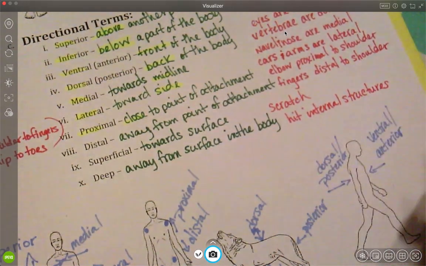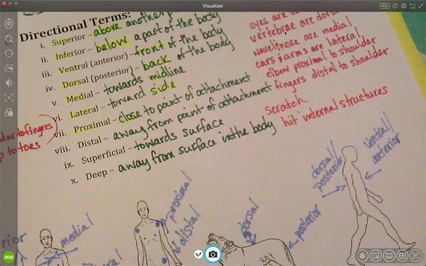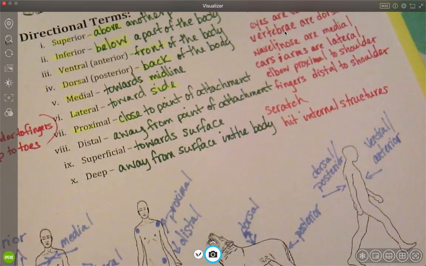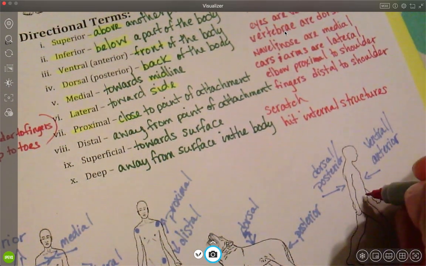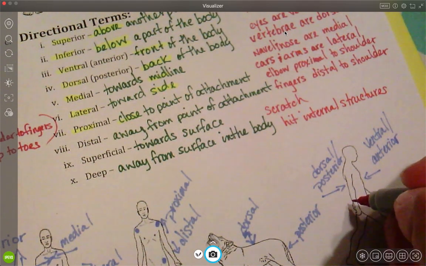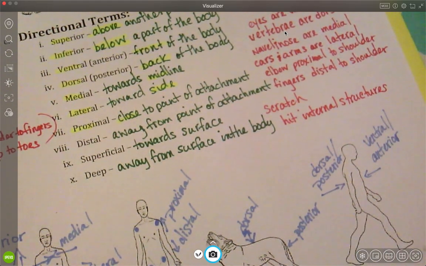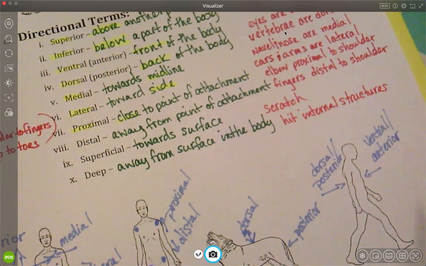So we're talking about like a bullet going through the body, entering through the front of the body and exiting out the back of the body. That would be deep. Requiring stitches would make it deep. All right, so we're going to stop here.